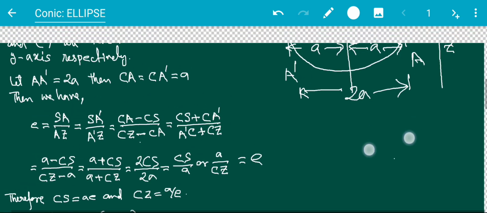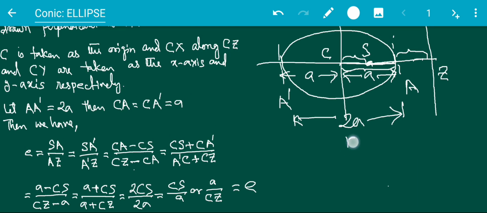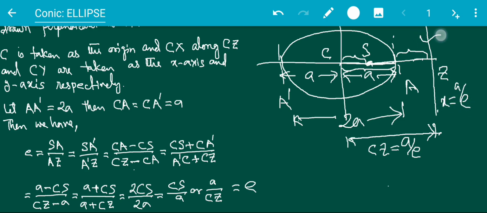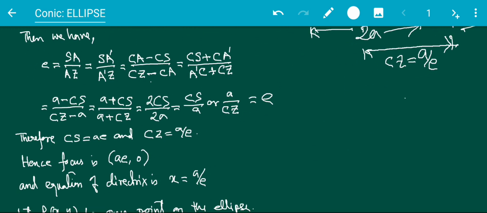Now this portion is basically CZ. So CZ is equal to a by e, which means this line has the equation x is equal to a by e. We know this line is the directrix, so the equation of the directrix is this one. Therefore CS is ae, S is the focus, and CZ is equal to a by e.